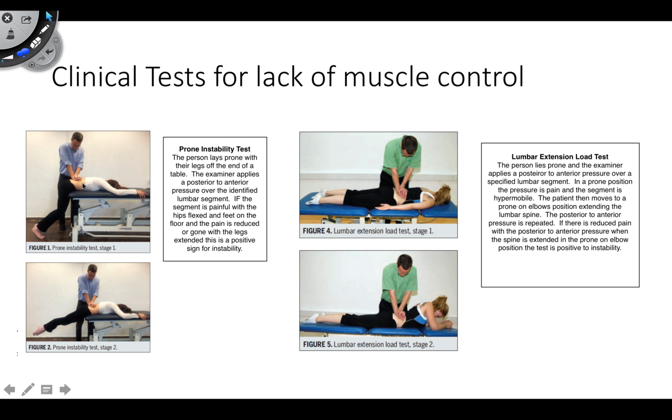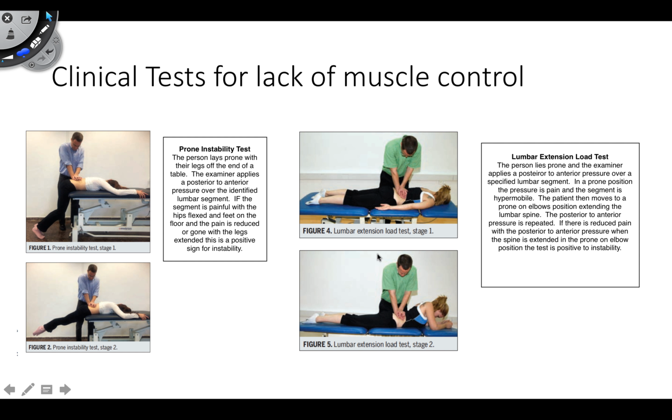The person pushes down on the lumbar vertebrae, provoking pain, and then they activate their lumbar muscles by extending the legs. If that relieves pain while the therapist maintains pressure, that's a sign that the muscles are controlling movement of the vertebrae and preventing pain. So better muscle control might be hypothesized to help that person control their pain.